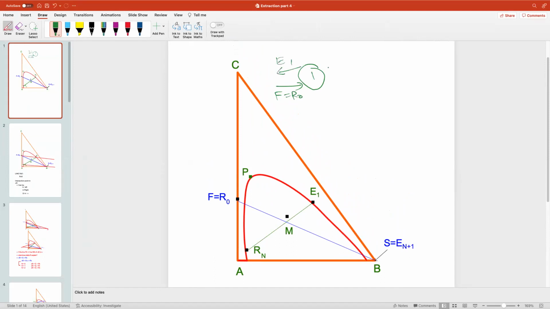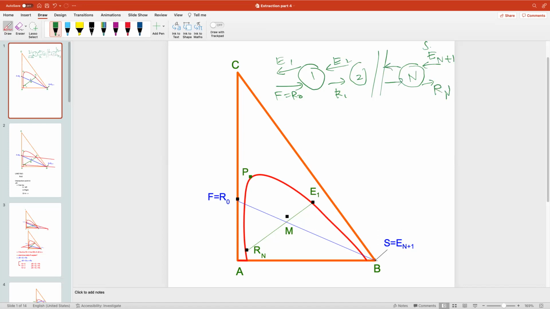Then maybe R1 goes to the second one, and this is E2, and so on. Then this is n, or n plus 1, which equals S, and this one is your Rn.